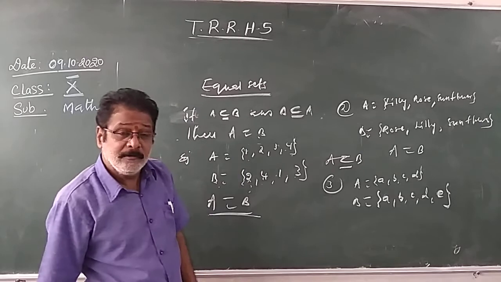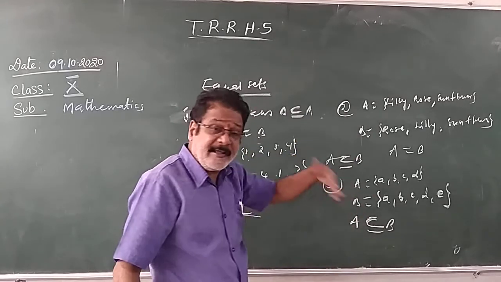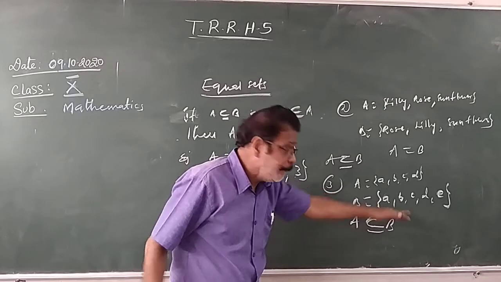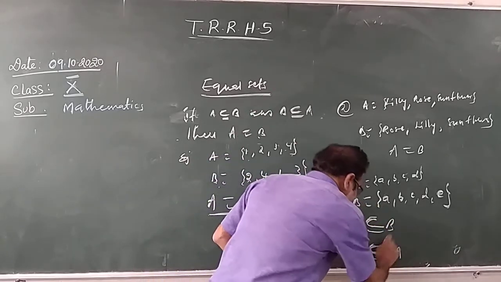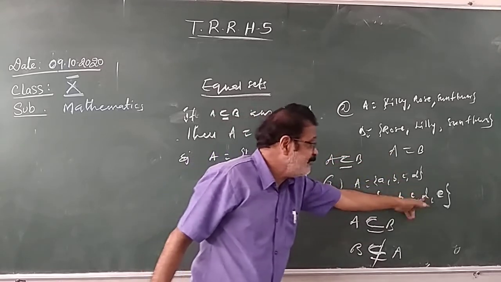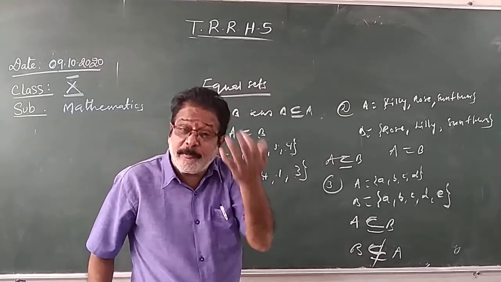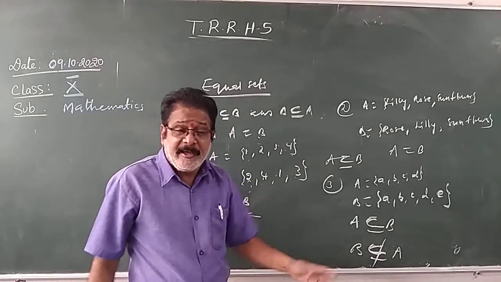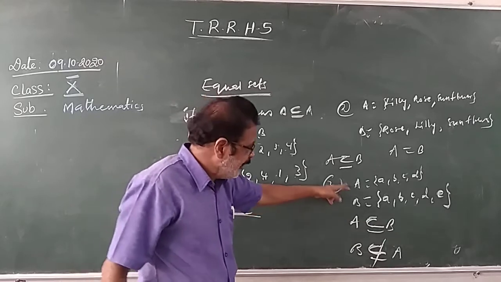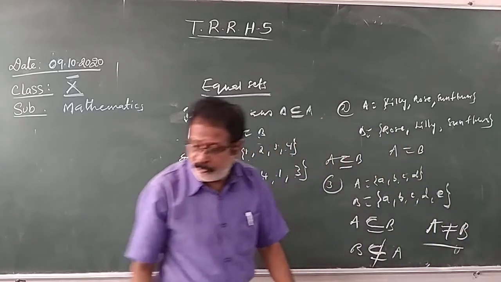A is a subset of B, because every element of A is in B. The elements a, b, c, d are also in B. But B is not a subset of A, because every element of B is not in A. E is not an element of A. Two sets are equal if A is a subset of B and B is a subset of A. Here A is a subset of B, but B is not a subset of A. These are not equal.